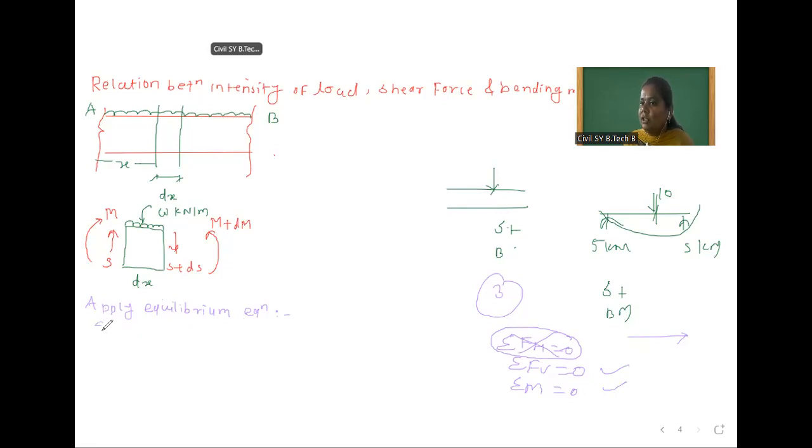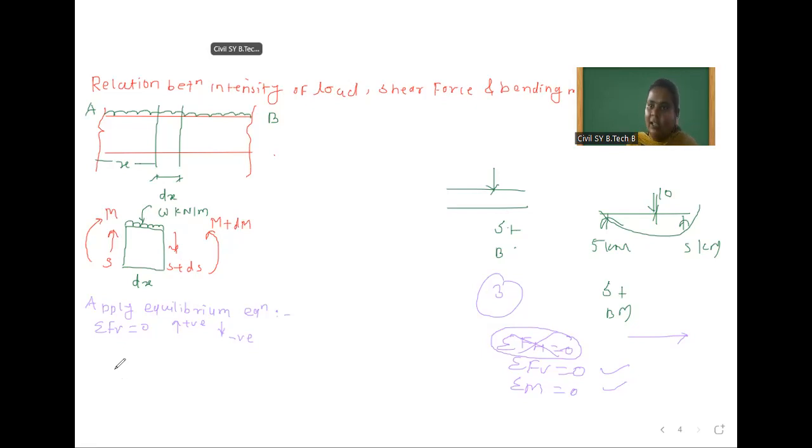Out of that, first is summation Fv equal to 0. You already know that upward forces we consider positive and downward forces negative. According to this, how many vertical forces are there? This S plus dS, and this w.